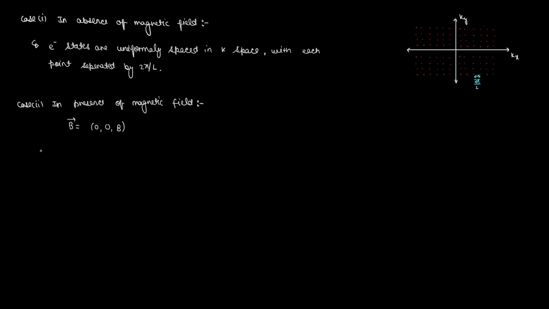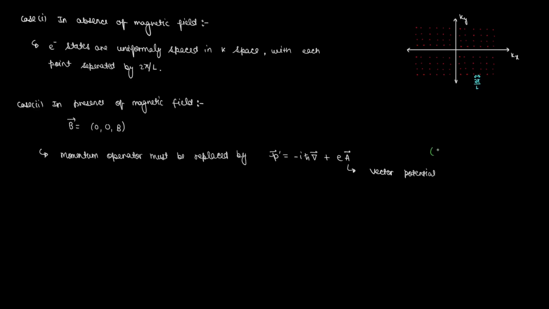So therefore, we have charged particles in an external magnetic field, and in the previous video we have seen that in the presence of magnetic field, the momentum operator must be replaced by minus i h cut del plus e times A vector, where this A vector is the vector potential, and this transformation is known as canonical transformation.